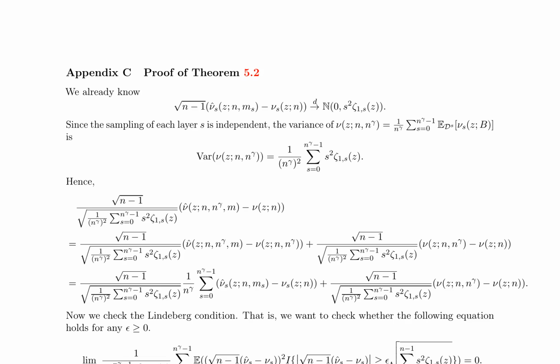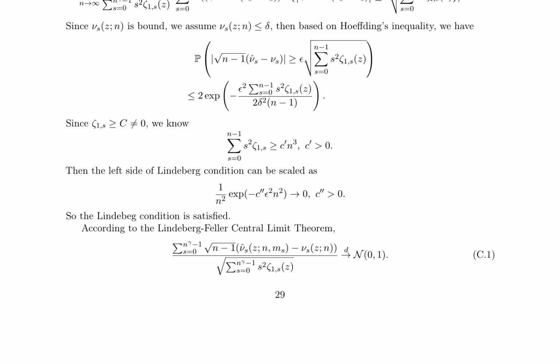The variance is given by (1/n) γ² Σ_{s=0}^{n} γ_{1,s}² ζ_{1,s}(z), which converges to a finite limit as n → ∞. The Lindeberg condition holds, as the probability of the absolute value of the standardized sum exceeding any positive value ε tends to 0 as n → ∞.